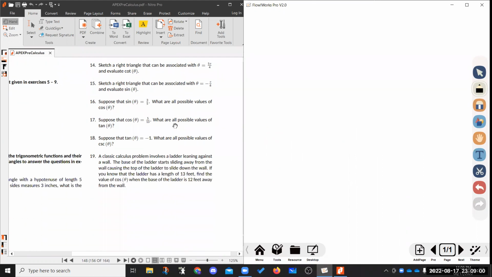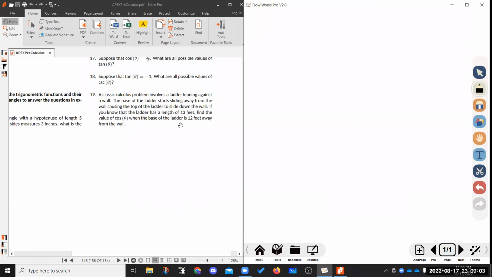That was number 18. Number 19, classic calculus problem involves a ladder leaning against a wall that's going to be slipping. The base of the ladder starts slipping away like this from the wall, causing the top of the ladder to slide down the wall like this. If you know the ladder has a length of 13 feet, find the value of cosine when the base of the ladder is 12 feet away from the wall.